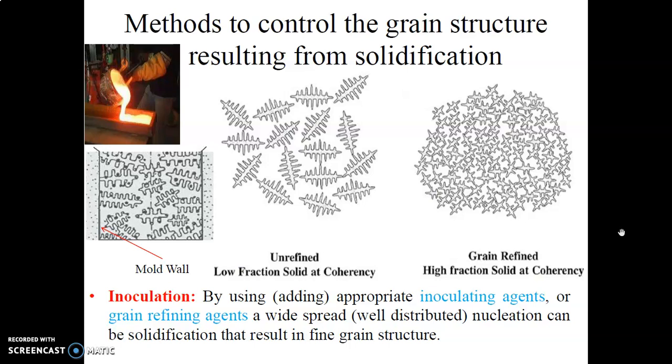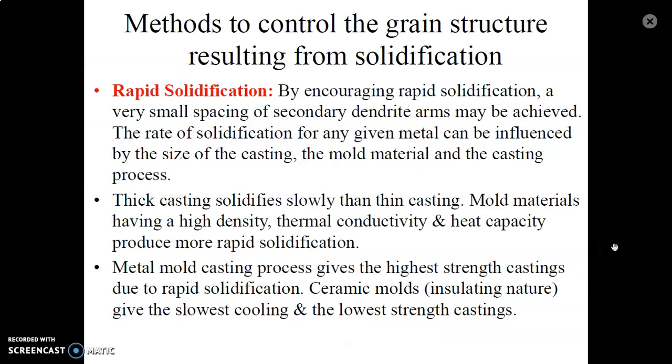Like the first one is inoculation, by adding an appropriate inoculating agent or grain refining agent. You can see here we are using the external grain particle agent, to start the nucleation and it will solidify, resulting in a fine grain structure. So rapid solidification: by encouraging rapid solidification, a very small spacing of secondary dendrite arms may be achieved.